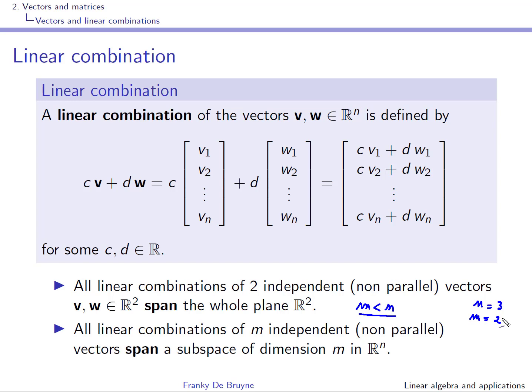For instance, you take two pens, and you point them in different directions, and then you start to imagine all possible linear combinations of these two vectors represented by these pens, and you will see that you will be generating a plane. So a plane is a subspace of R cube.